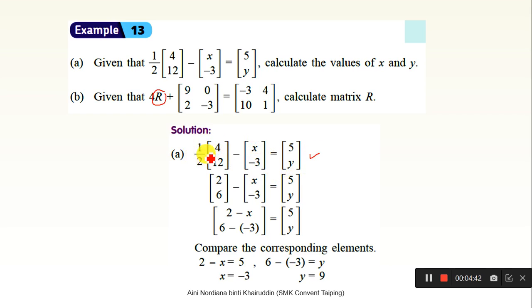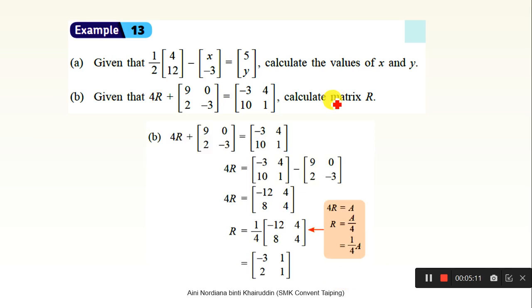Next, 1 over 2 times 4, you will get 2. 1 over 2 times 12 is 6. So 2 minus x for the first row, first column. And 6 minus negative 3 is equal to 5, 2. So compare the corresponding elements so that you'll get the value of x and y.